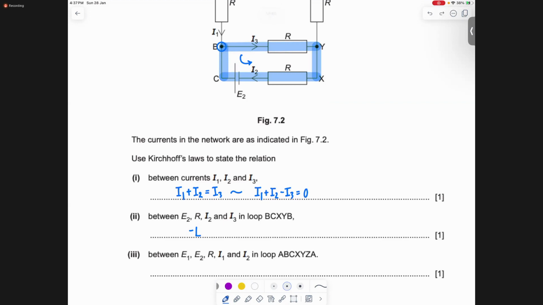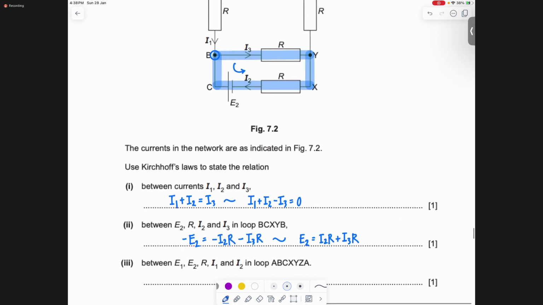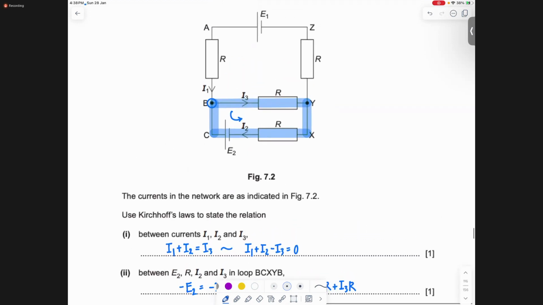R2 has no EMF here, so minus E2 is equal to minus I2 R minus I3 R. Do you understand why everything is minus? It's the loop that I'm taking, everything is opposite to my loop, right? Which means it can also be written as E2 equals I2 R plus I3 R. Okay, both of these are correct. Are you with me? Okay.